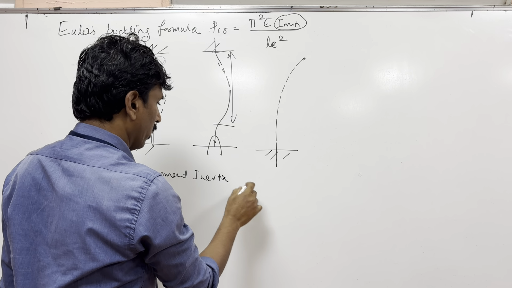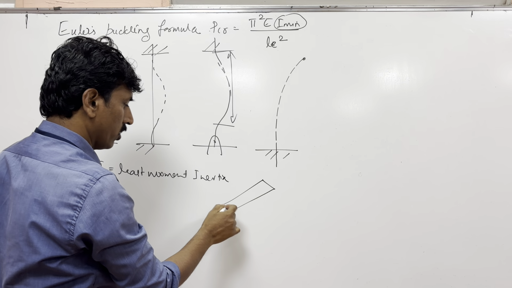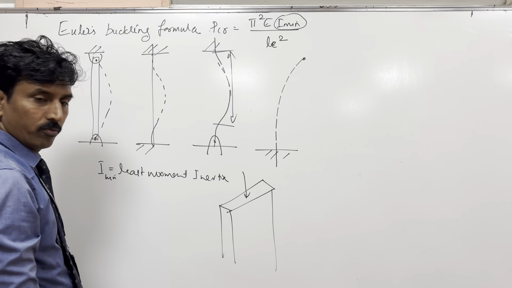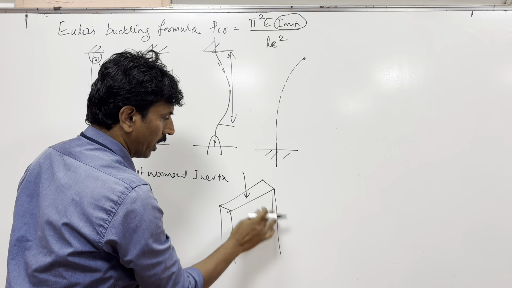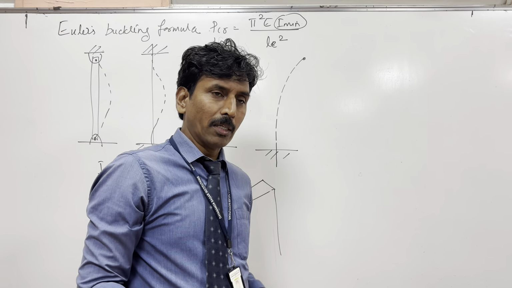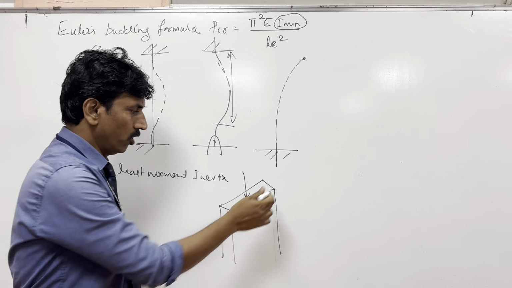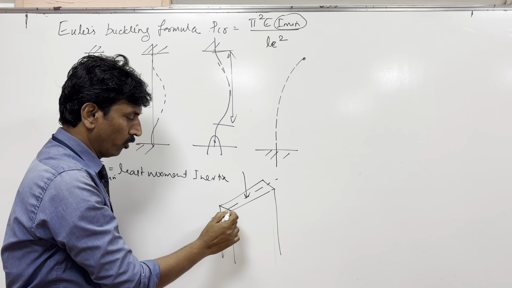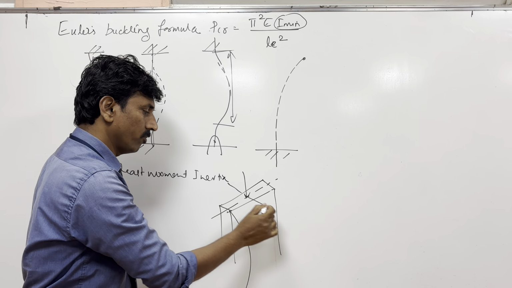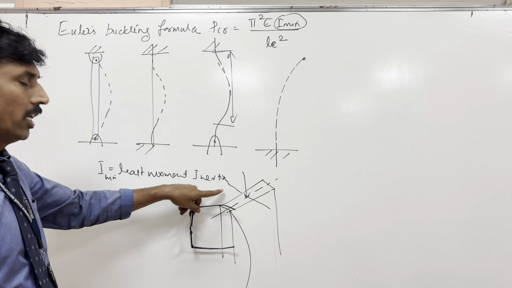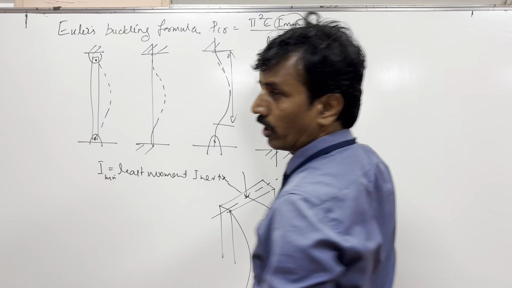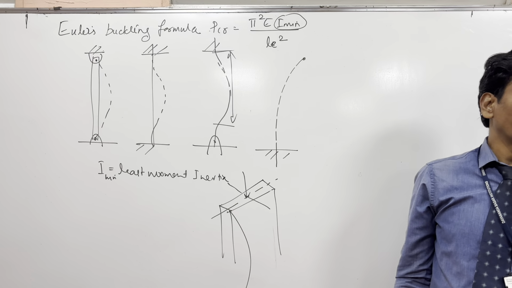If there is any column like this and you apply load, as I said last time with the example of a scale, the column would try to bend in this way. It will not try to bend about this axis. It will try to bend about the least moment of inertia. So that we have to know.